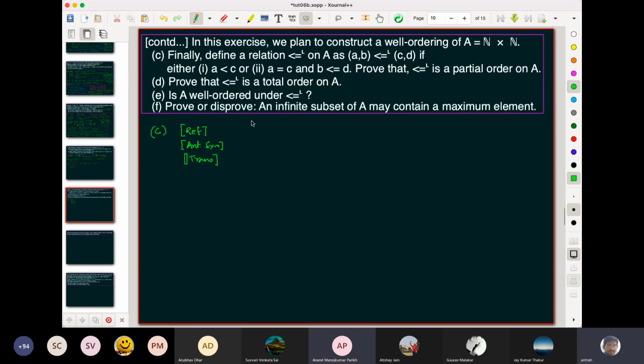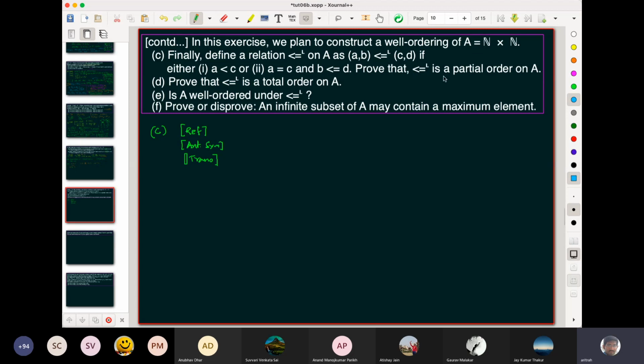Yes, sir. Reflexive, antisymmetric, transitive. Okay, by the way, just a little word of caution. Antisymmetric is not symmetric. Do not say antisymmetric means not symmetric. Antisymmetric is a different notion, and not symmetric is a different notion.